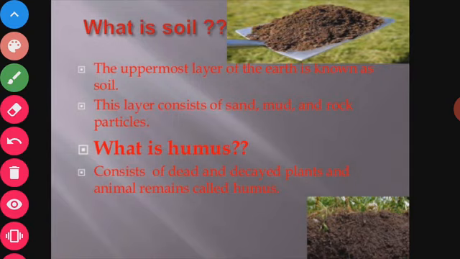All animals depend on plants because plants are autotrophs, they can prepare their own food, and animals are heterotrophs, they can't prepare their own food. Thus, directly or indirectly, all living beings depend upon soil for their life. Plants cannot grow without soil.